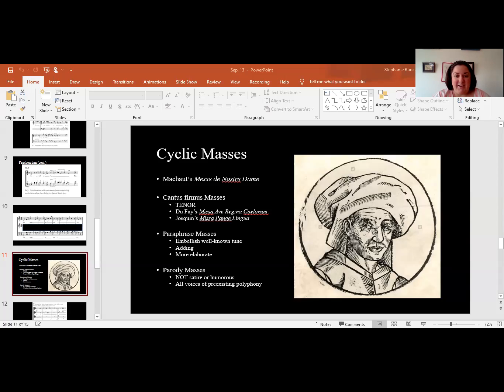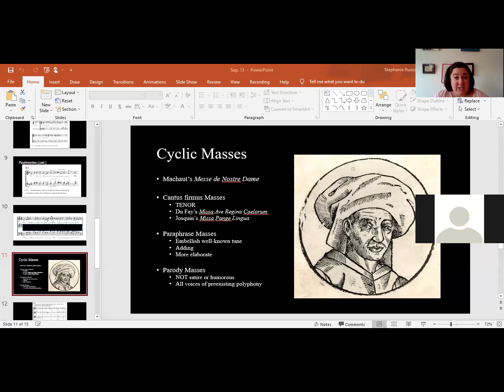Yes. Three. Okay. So the bottom line is they in the Renaissance started out by pairing movements. You would have two mass movements set by the same composer. Eventually, that leads to composers tackling all 5 movements of the Mass Ordinary.